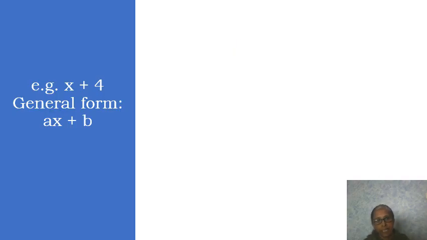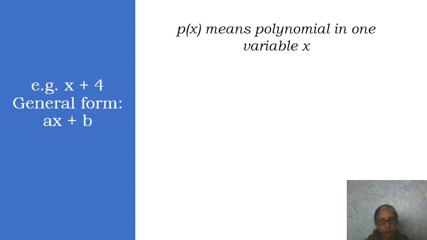Now we have taken the example x plus 4, which is a linear polynomial, and the general form of it is ax plus b. Now see, what is p of x? P of x means a polynomial in one variable x. This x plus 4 can be equated to p of x because x plus 4 is a polynomial in variable x.